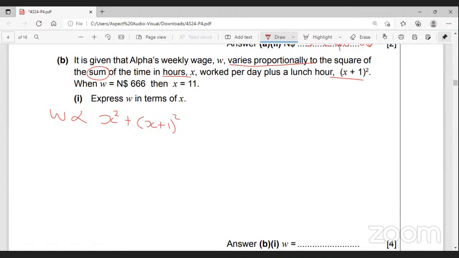But from there we need to generate now the equation. Yes, let's just work on it.